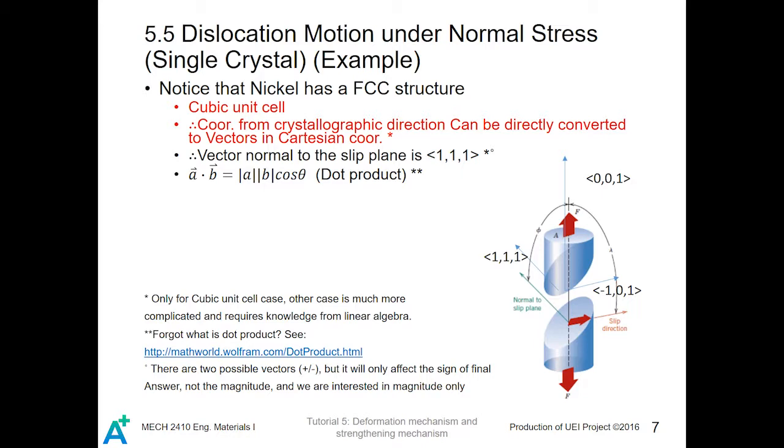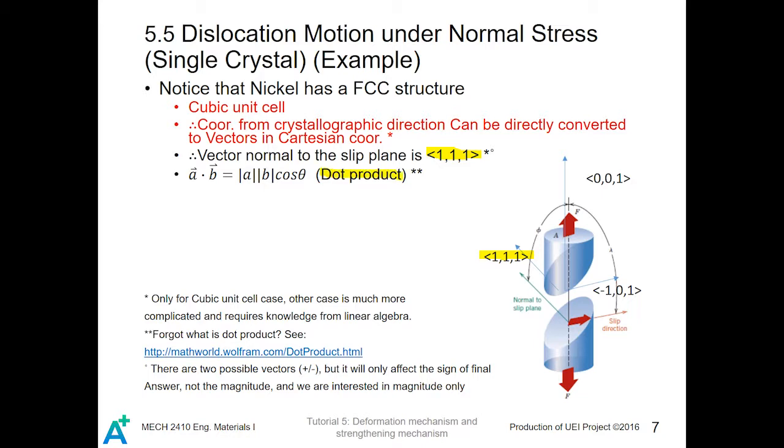The vector normal to the slip plane is 1 1 1. We use this picture again, and 1 1 1 is here. And we use the definition of the dot product.